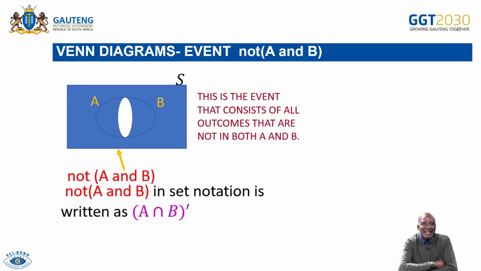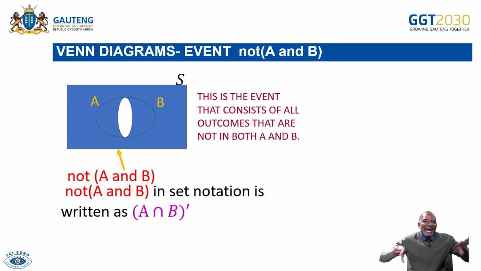Then the next region that I want us to talk about is an intersection of the two sets but complement. So it's A intersection B complement, meaning it's A complement union B complement, meaning we are not in A and B because A and B is their intersection where they share elements. So if you are not there, where are you?